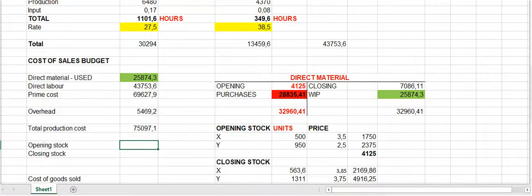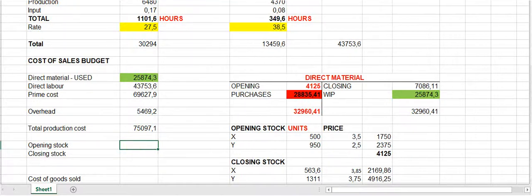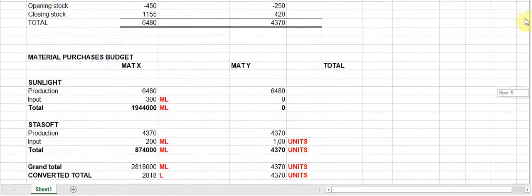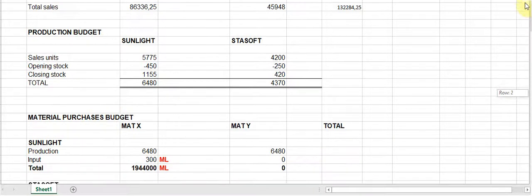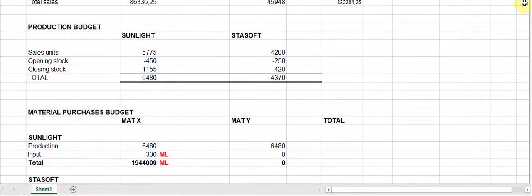So to get to the closing stock in this instance, we are going to say what is the units of finished goods at the end of the year. That we have in our production budget. So the finished goods were the closing stock here. And for Sunlight, it was 1,155.